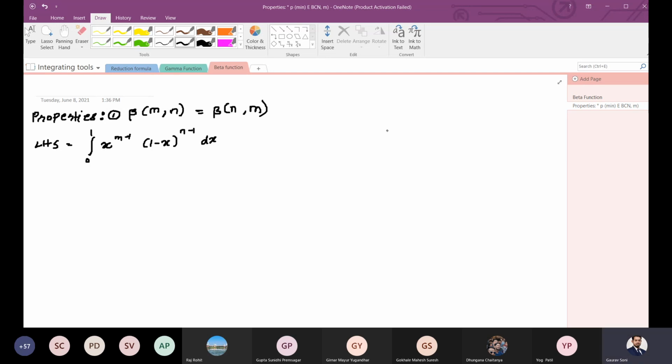Whereas the RHS is integral 0 to 1 x raised to n minus 1, 1 minus x raised to m minus 1 dx.